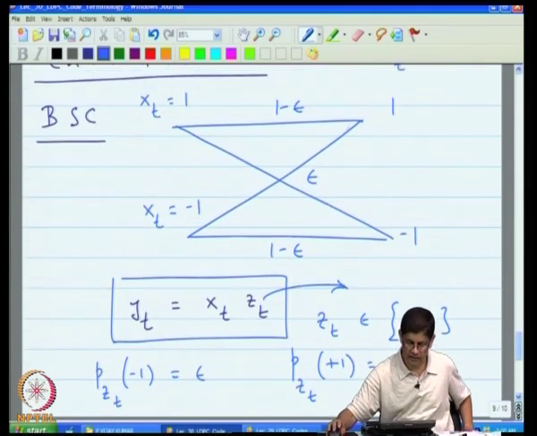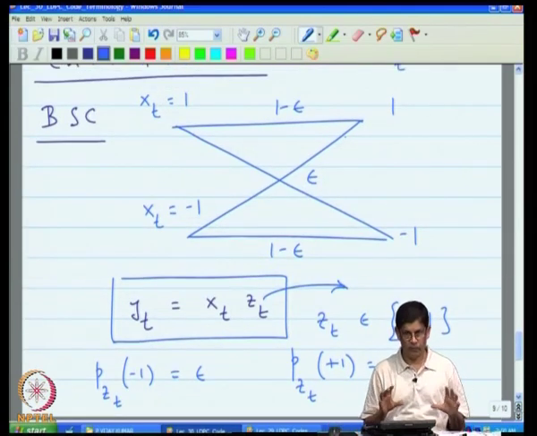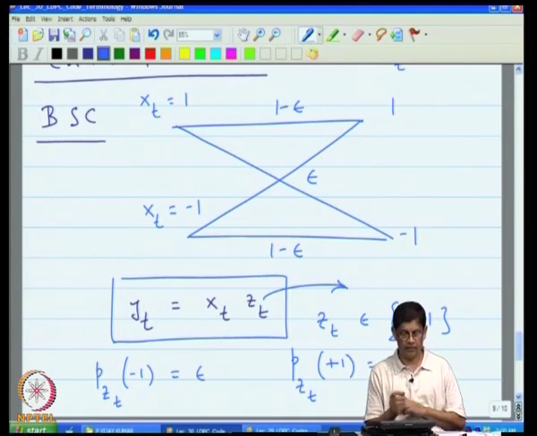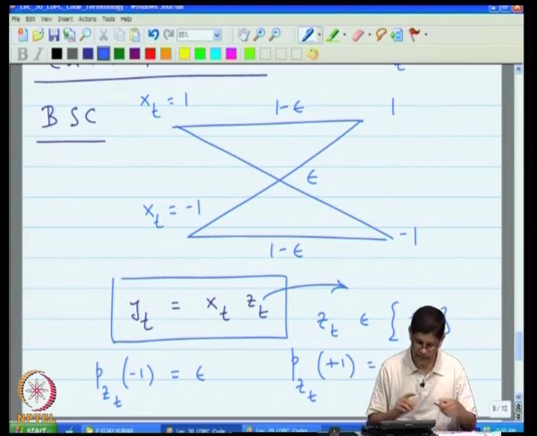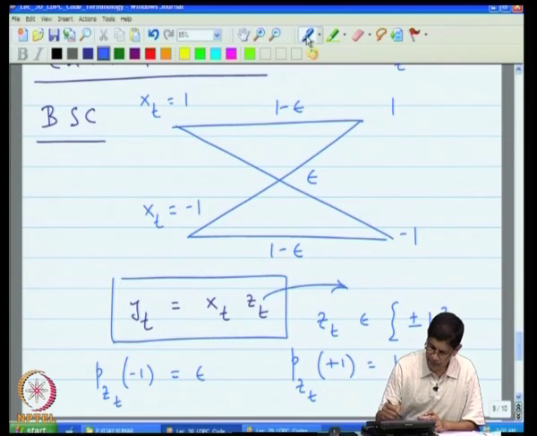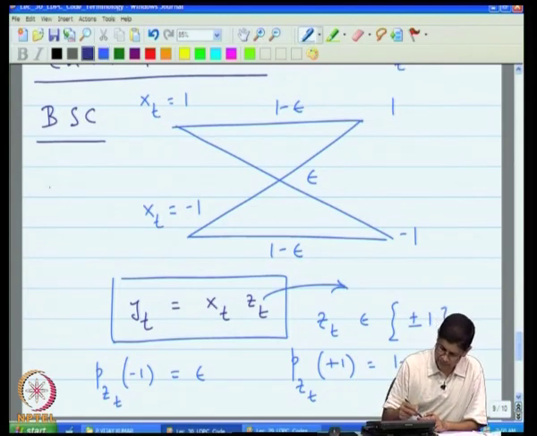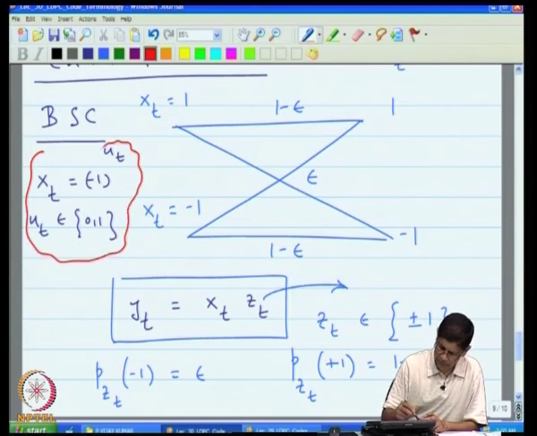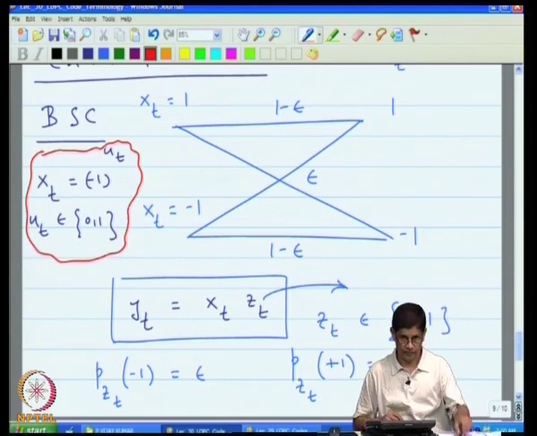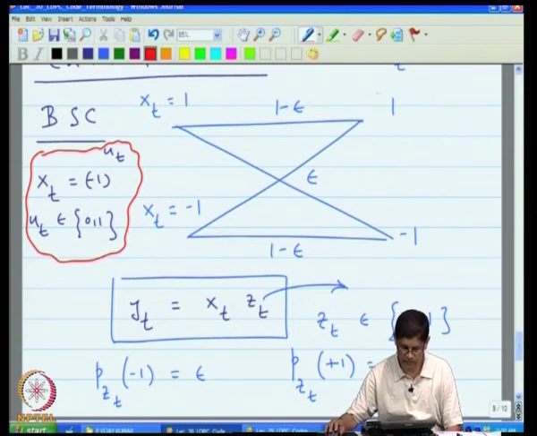Typically, when we encounter the binary symmetric channel, we view it as being additive, and we are working in the 0-1 domain. In case that puzzles you, what you can keep in mind is that this x_t can be regarded as (-1)^(u_t), where it is the u_t which is either 0 or 1. So, this is just a small change in notation for the symbols, but actually it makes things easier.